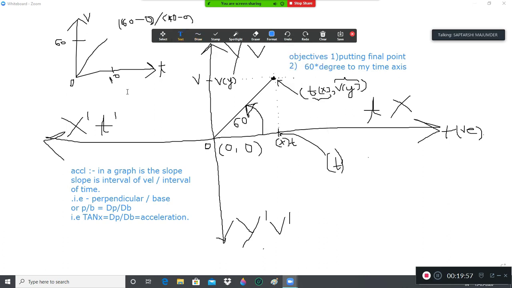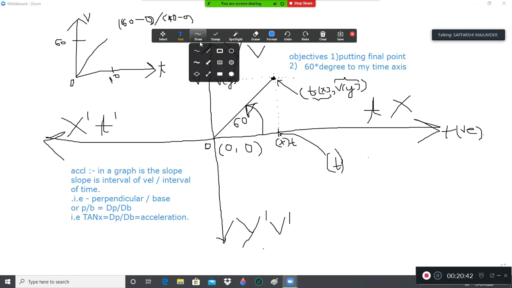That means we can say that the velocity here is 60 minus 0, divided by the time, which is 10 minus 0. So what will be the answer? The answer is 60 by 10, and that is 6. And you can use the unit meters per second square. Well, anyway, so now use the same concept.